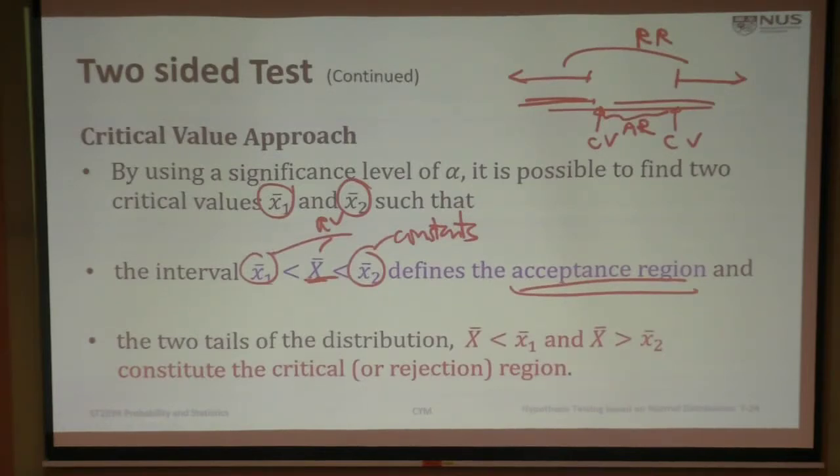If the x bar falls in the acceptance region, we do not reject the null hypothesis. But if it falls outside the acceptance region, we reject the null hypothesis. So the rejection region will be x bar less than little x1 bar, or the random variable x bar greater than little x2 bar. Falling below x1 bar or above x2 bar, we consider as in the rejection region.